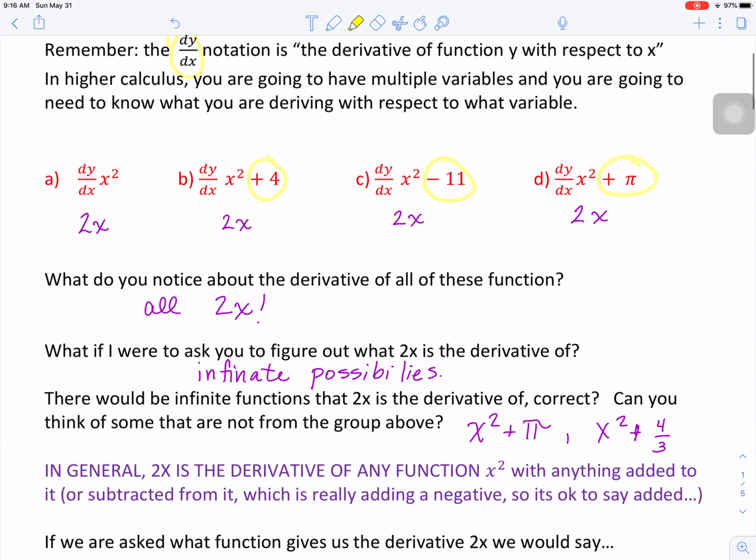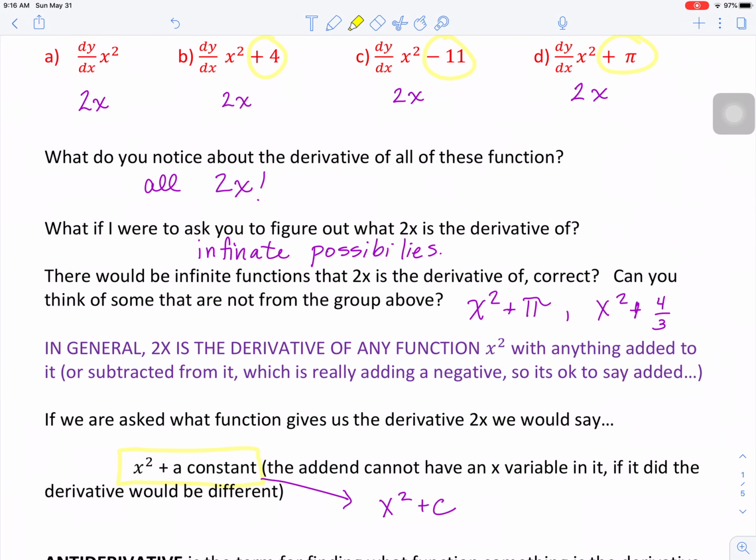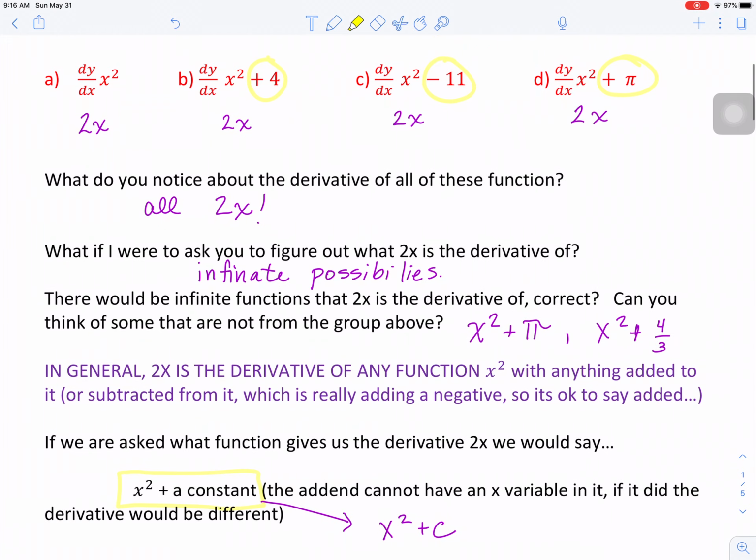So when we're taking the antiderivative, we're going to have an issue because there's infinite possibilities of what something could be the derivative of. In other words, 2x could be the derivative of x squared plus something or minus something, right?